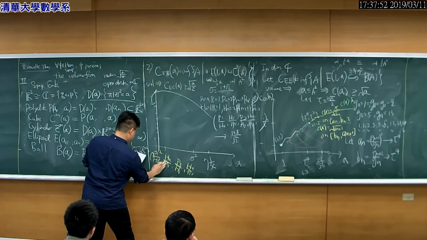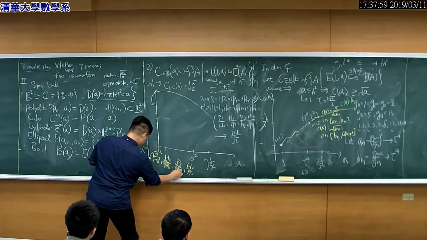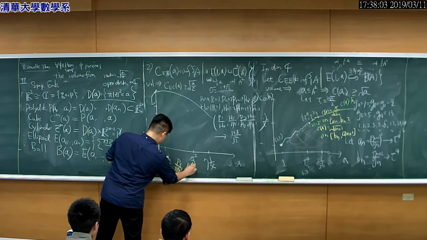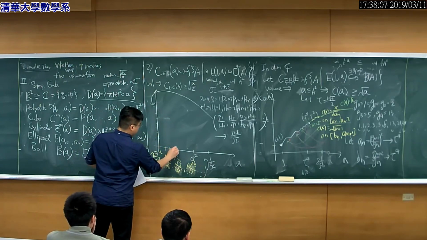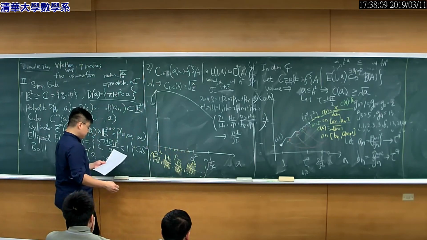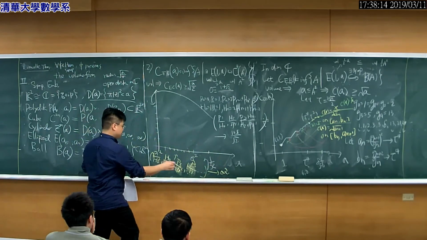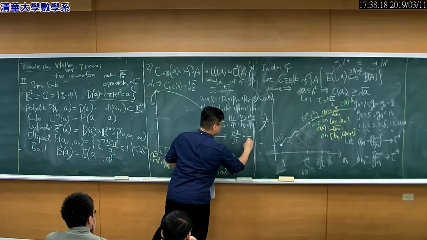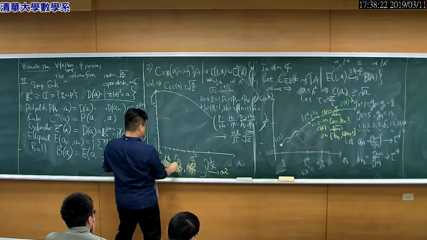So this is the auxiliary one. This is P3 over P1, periodic of period 4, and it approaches this one. So the graph looks like this.